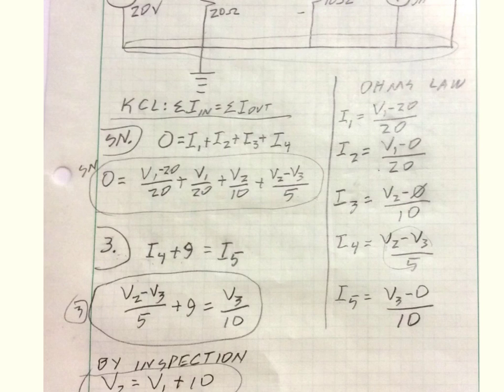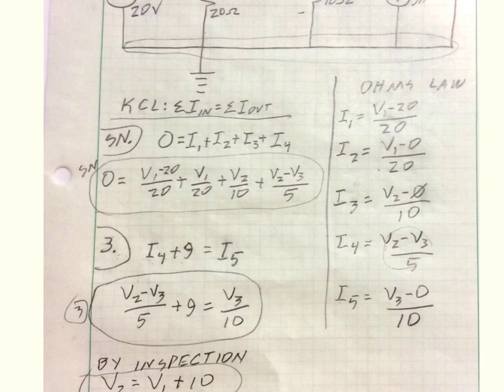So V2 is V1 plus 10. I can just tell that by looking. So there we go. We have 3 equations in 3 unknowns. We're done with the circuit analysis part. Now there's just a whole bunch of algebra to get us to the solution. Let's go look at that.